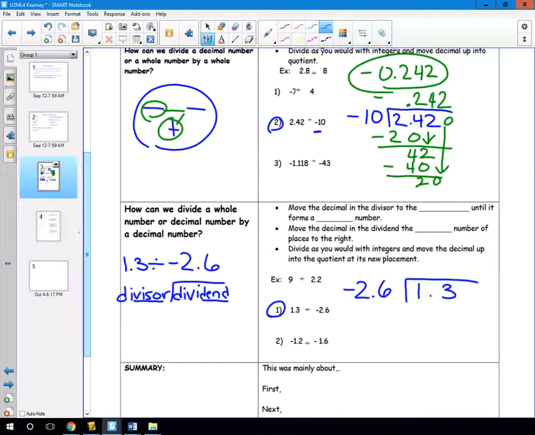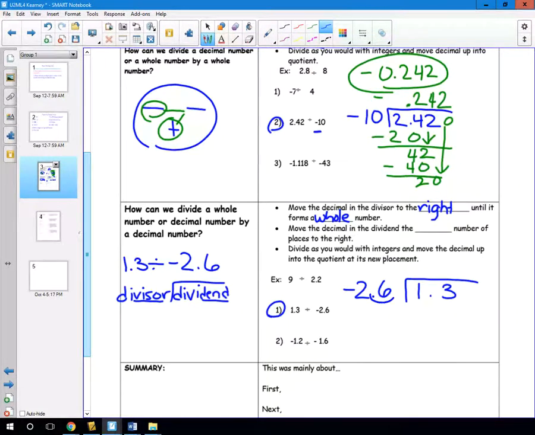Our first step says move the decimal in the divisor to the right until it forms a whole number. So move the decimal in the divisor. The divisor is what number? It's the number on the outside. So we're going to move it to the right until it becomes a whole number.